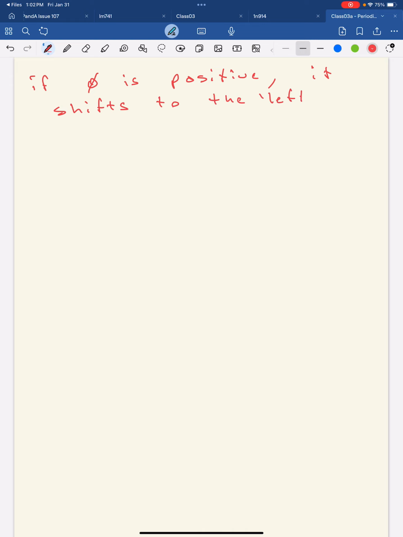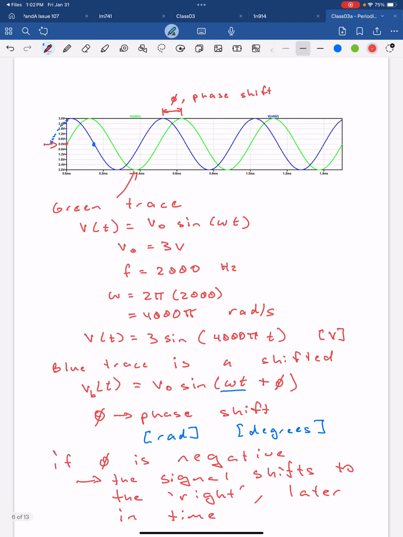Put quotes around left: earlier in time. Looking at our plot, the blue signal comes before the green signal, the reference signal. And so it is earlier in time, so we know there's a positive phase shift.